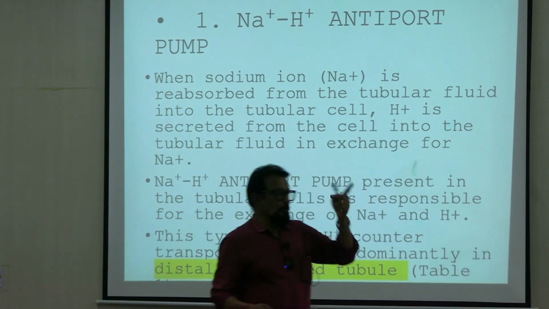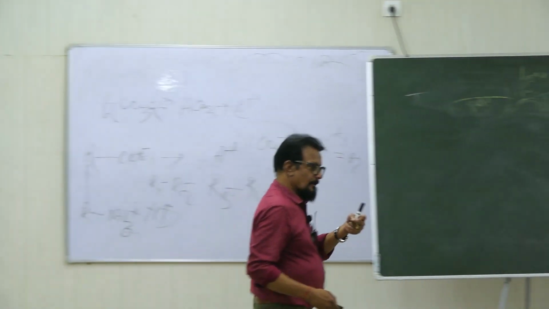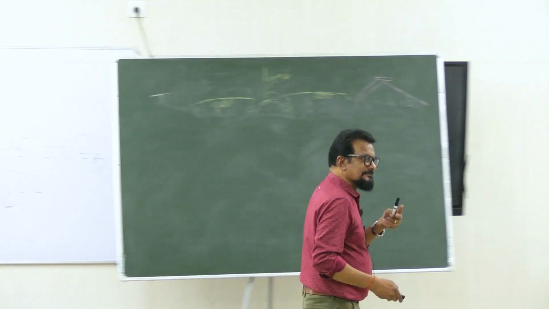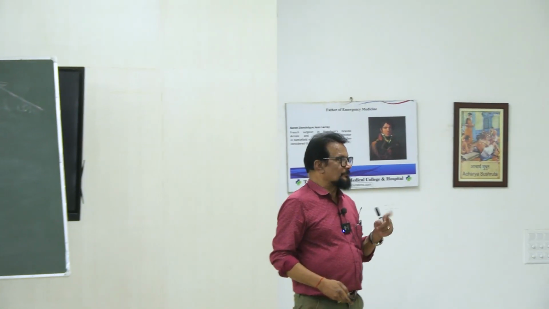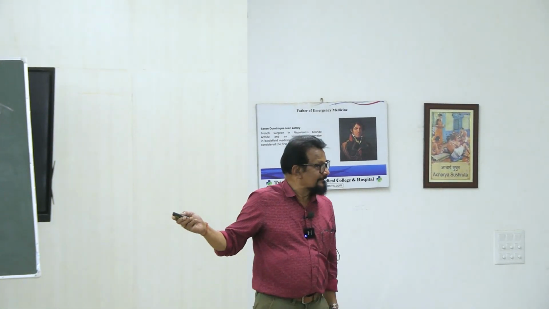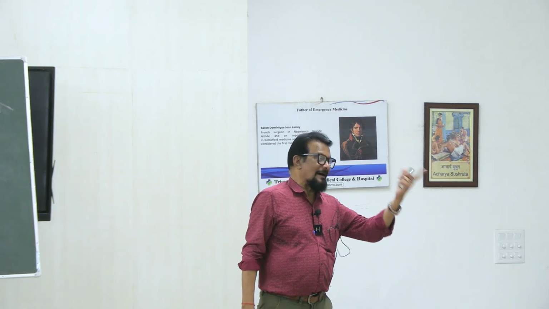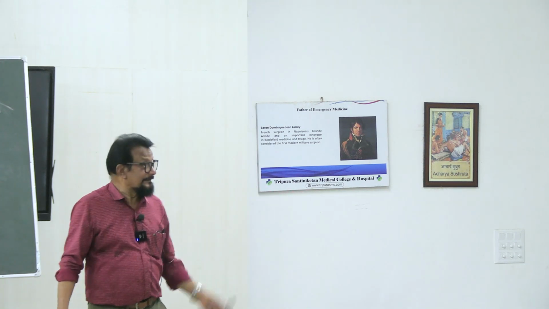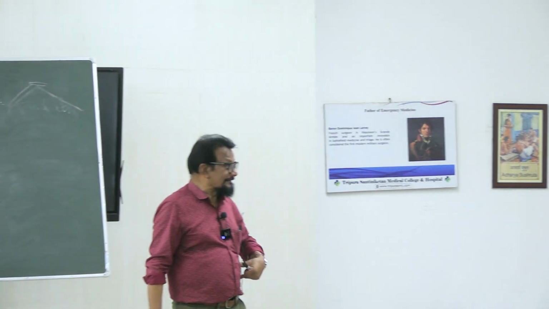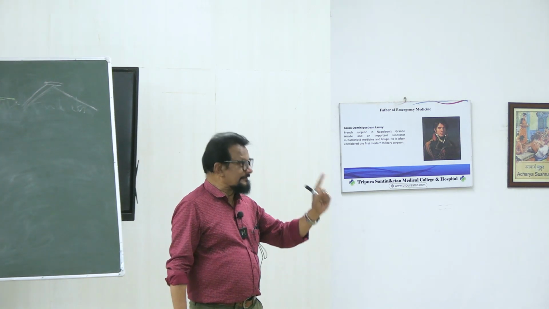There are two channels that are active during this. One is already discussed, antiport. Another is the proton pump. What? Proton pump. It is also there in the stomach. During hydrochloric acid synthesis, we have seen this proton pump.